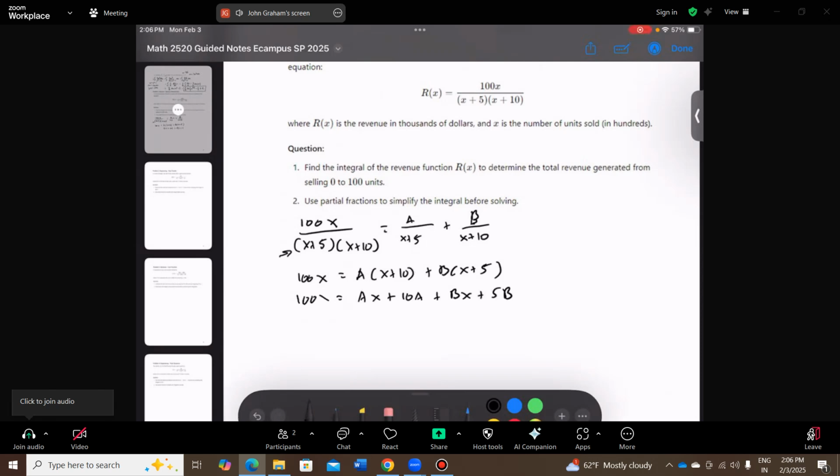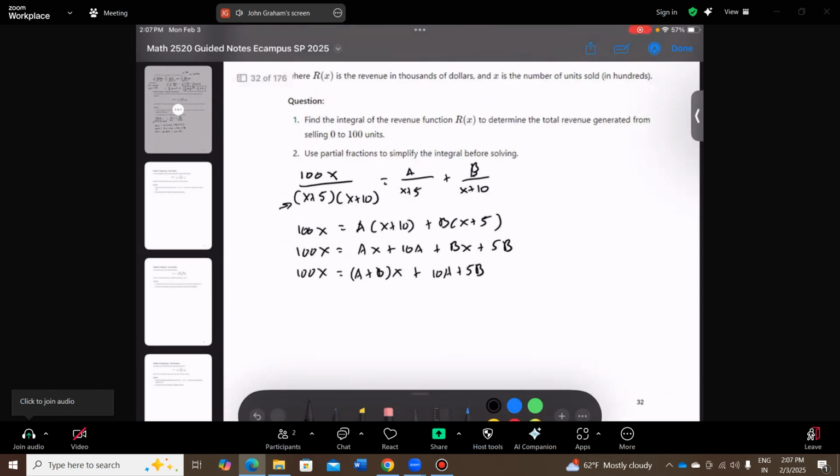And then we'll factor x out from the ones we can. So A plus B times x plus 10A plus 5B. Okay, so A plus B has to equal 100, and 10A plus 5B has to equal 0.